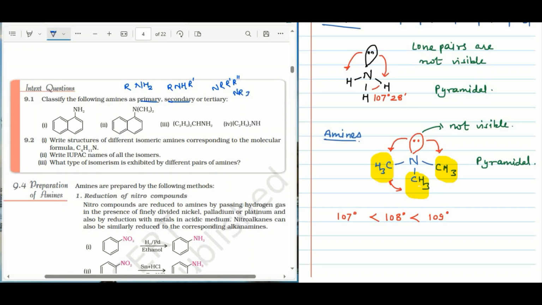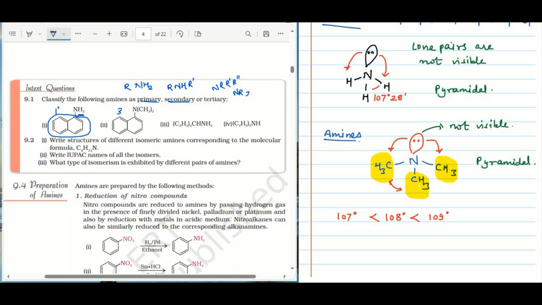Or you can write NR3. So here identify how many hydrogens of ammonia are replaced. Here one of the hydrogens of ammonia is replaced with this bigger group and two hydrogens are intact. So this is the primary amine. In the second example, all the hydrogens are replaced, one with this bigger group and two with CH3.